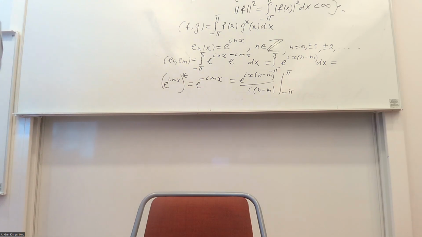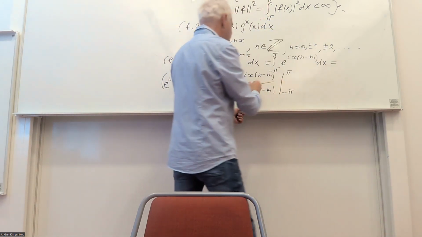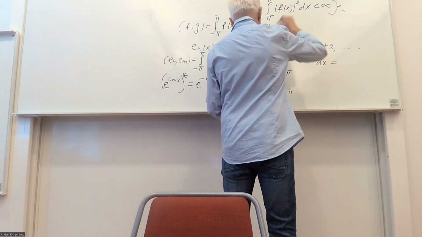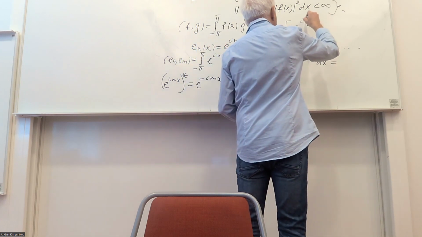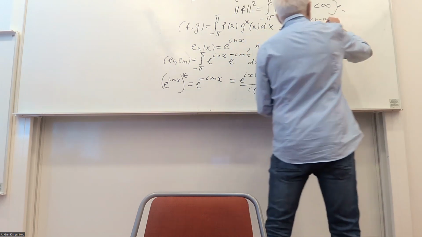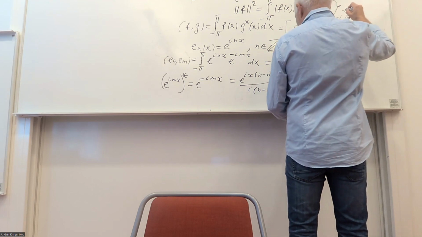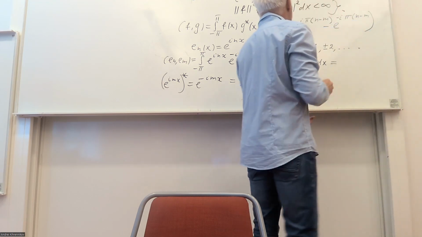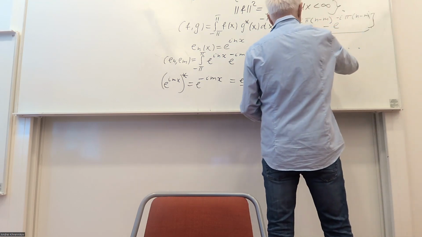This is just a number, we take it away, and here we have e^{iπ(n-m)} minus e^{-iπ(n-m)}, divided by this number.